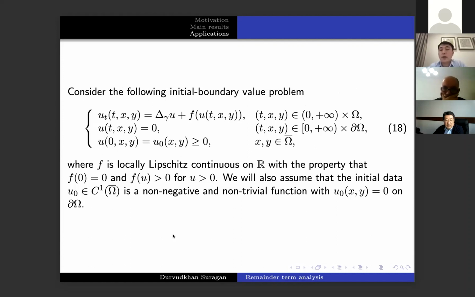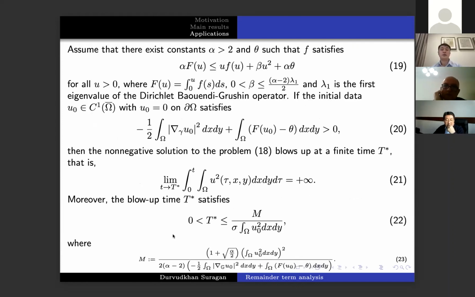Again, by applying the sharp Poincare inequality, one can obtain blow-up results for this general case, under certain assumptions. This also gives us a blow-up time, and the estimate for the blow-up time can be given by some explicit expression.